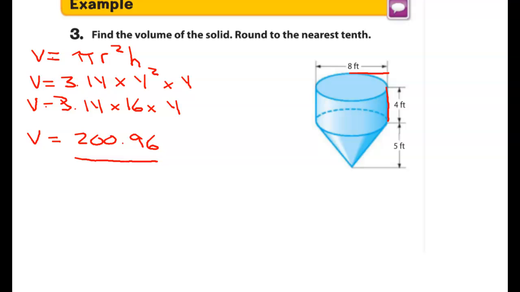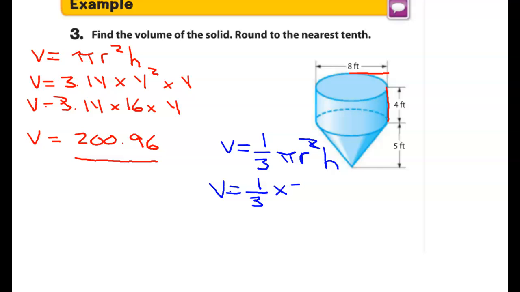Okay, so let's go ahead and do the volume of the cone, which is going to be 1/3 pi r squared times the height. So we'll say that the volume is going to be 1/3. And you guys remember from the last couple of problems, what we're going to do is just divide by 3 at the end.